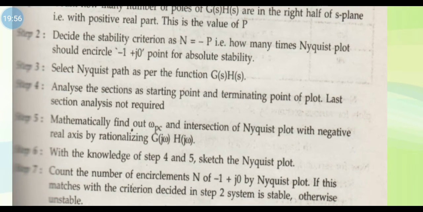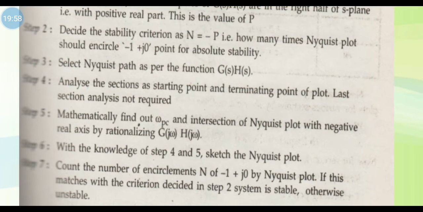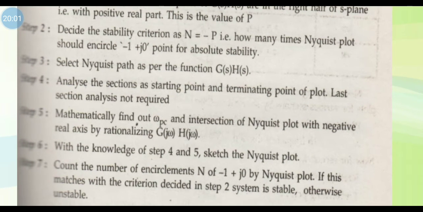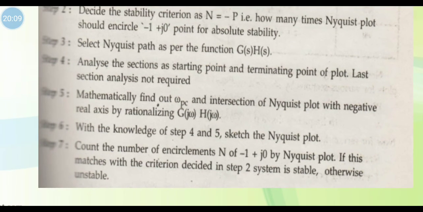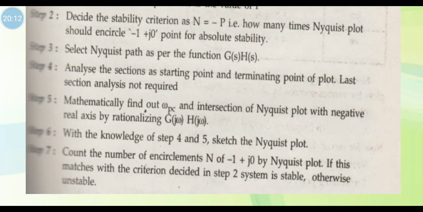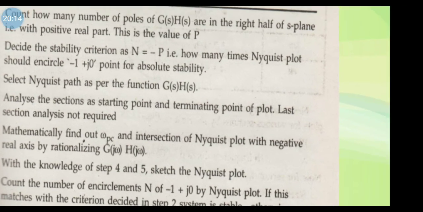Step 6 is, with the knowledge of step 4 and 5, sketch the Nyquist plot. Step 7, count the number of encirclements N of minus 1 plus j0 by the Nyquist plot. If this matches with the criterion decided in step 2, system is stable, otherwise unstable.